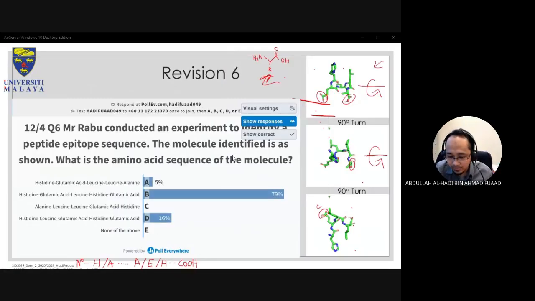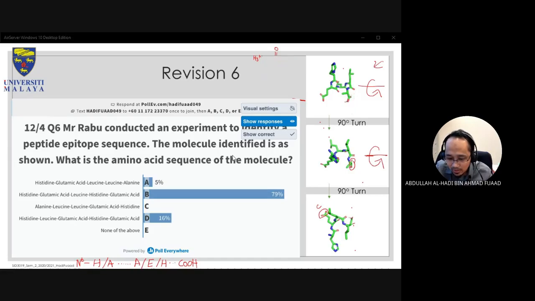Technological error. Okay, so if you look at these two structures over here, which one represents the C terminal better? Of course it should be the one on the right hand side. Why is it not the one on the left hand side? If you count the number of carbons, if that one is the C terminal, that one should be the R group, so this one over here should be the amine group.